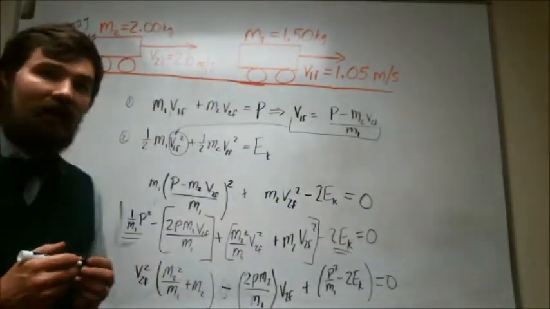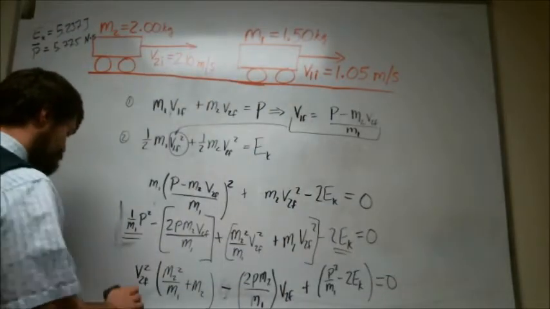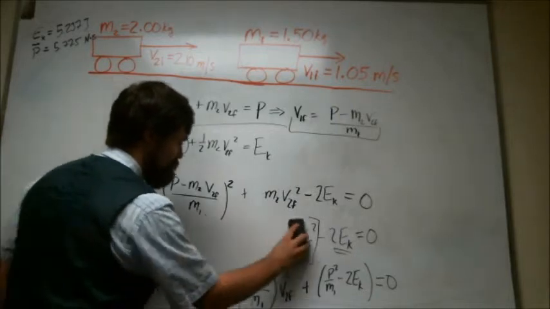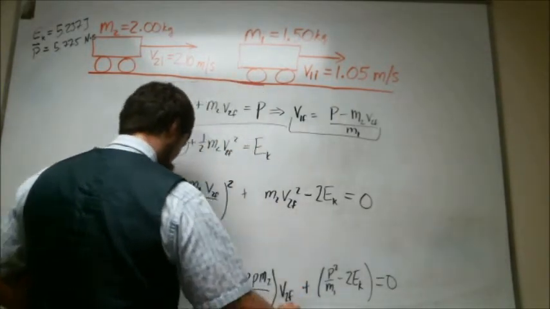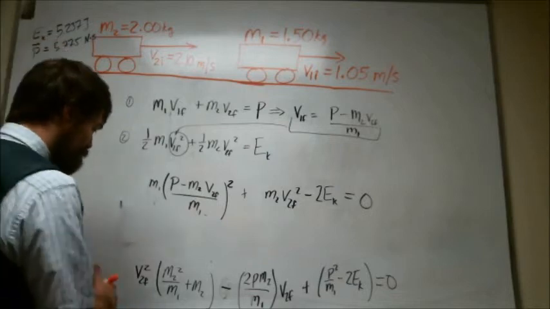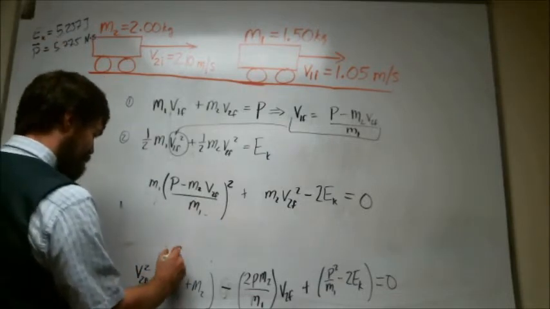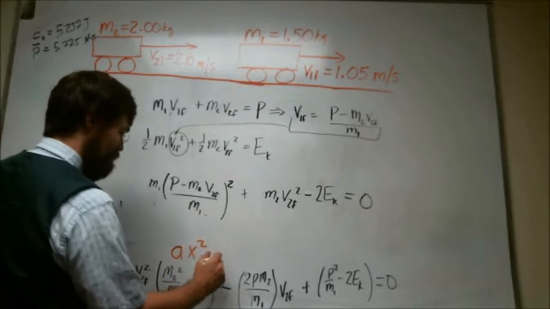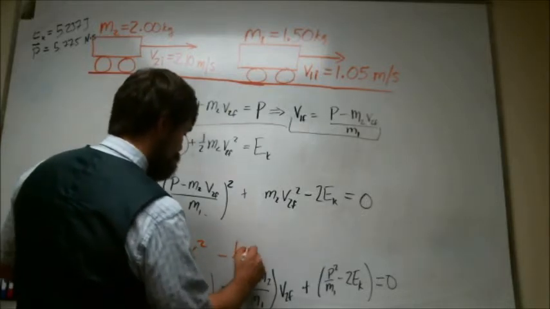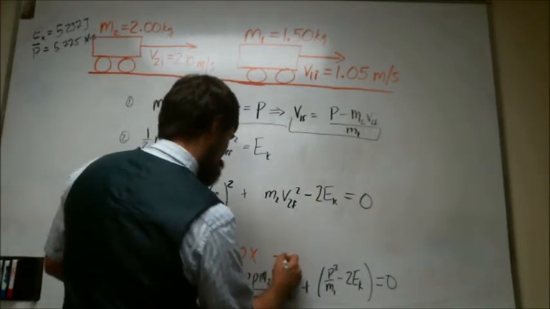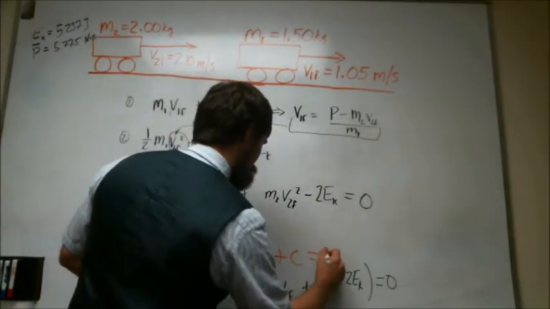And the reason why I spend so much time getting it into that form is basically because what this lets me do is have an equation that has the form a times x squared minus b times x, or plus b times x, plus c is equal to 0.